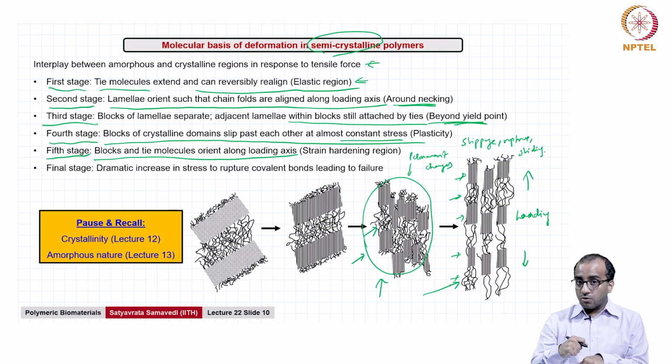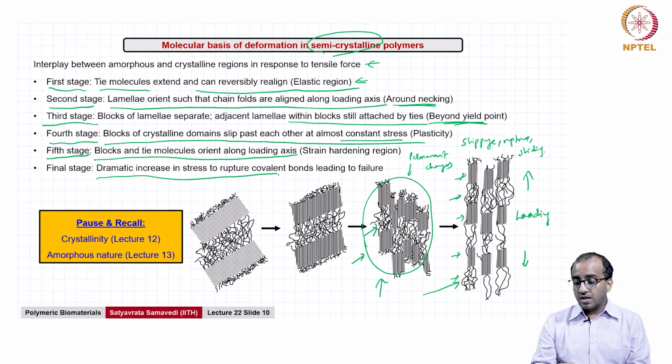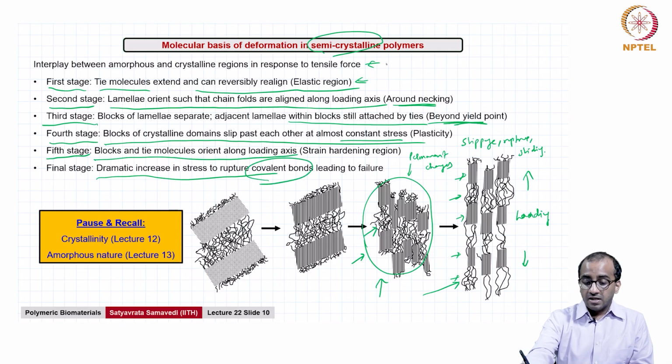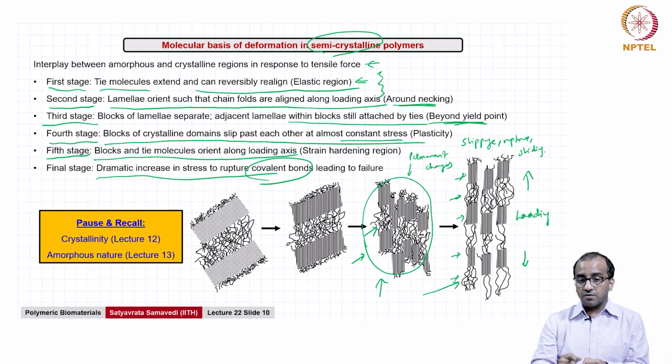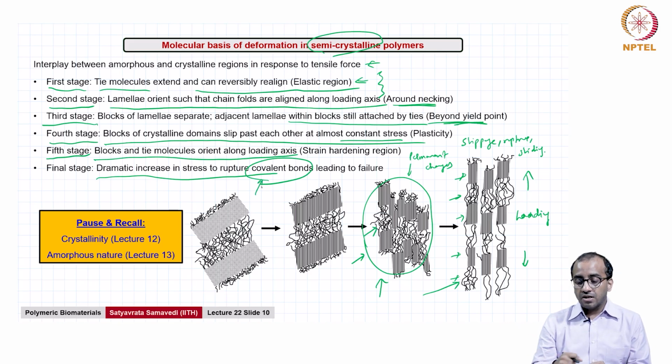Now these are going to resist further deformation, that is why you see an increase there, and ultimately a dramatic increase in stress is required to rupture and fail the material, because you are again dealing with covalent bonds. So we started with secondary interactions and secondary forces here in the elastic regime which are recoverable, to ultimately breaking covalent bonds which leads to permanent breakage and failure.